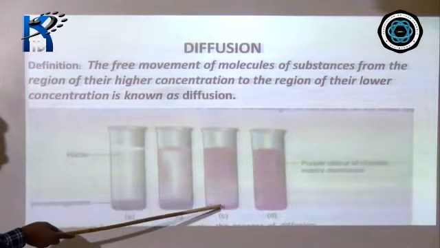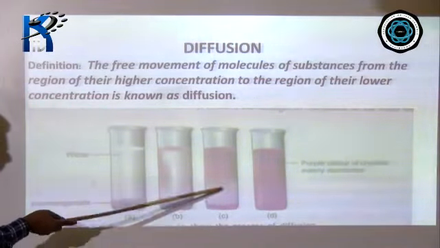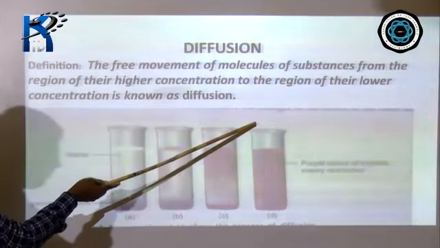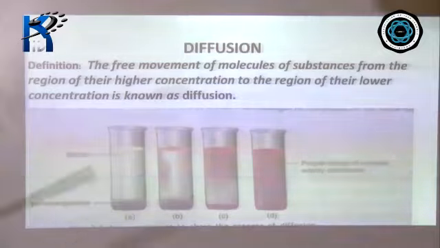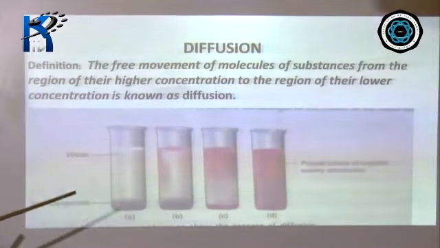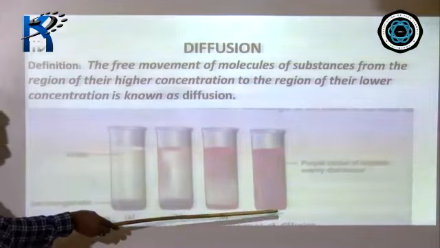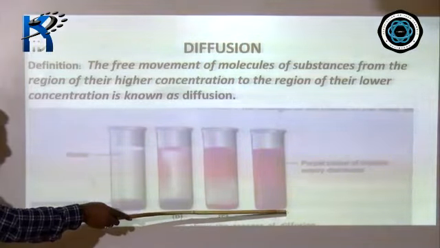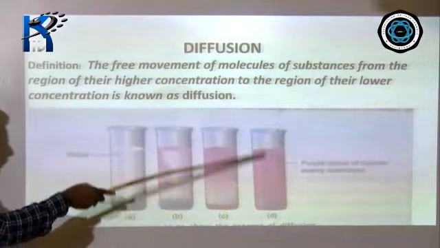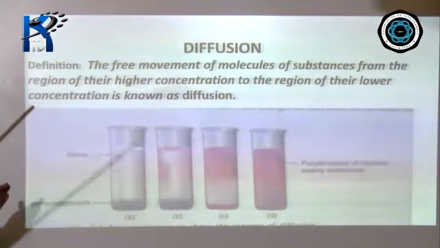And finally, after some time, you will find totally what has happened. If it is potassium permanganate, it will turn purple, the crystals evenly distributed. That means the potassium permanganate crystals will keep on moving until the whole water turns fully purple in color.